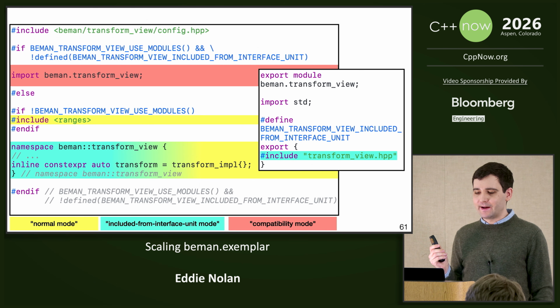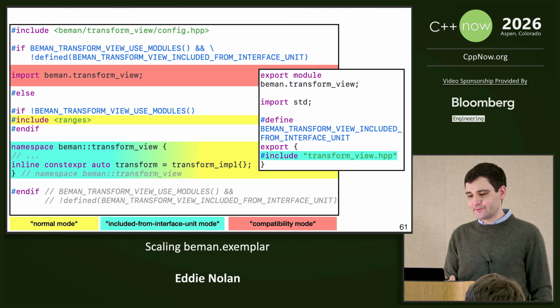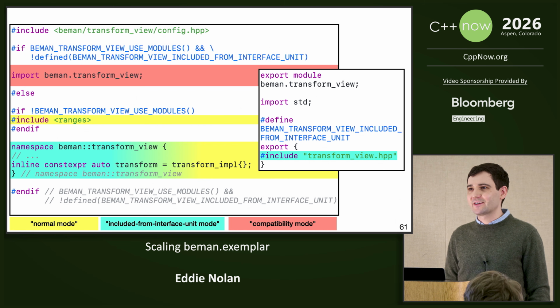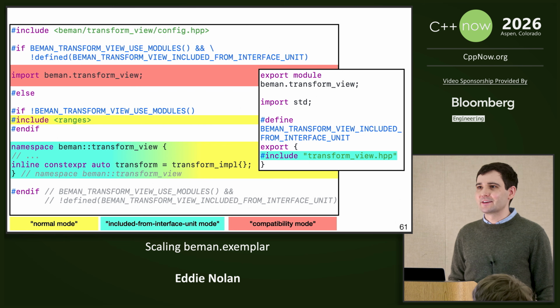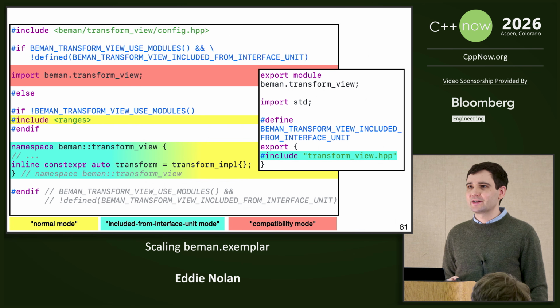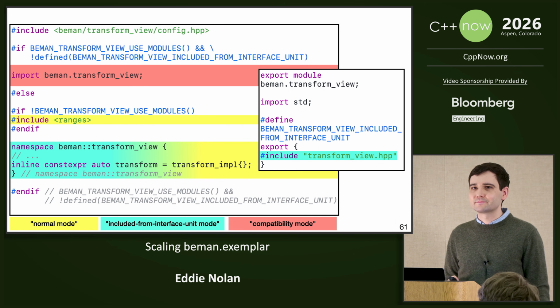But if you have a file like detail transform view impl.hpp that's not a user-facing API, you can still include that after the included from interface unit definition, but outside of the export block. And that way you can get the visibility organized. Cool.